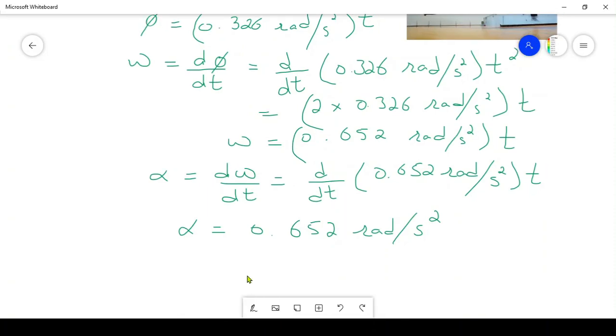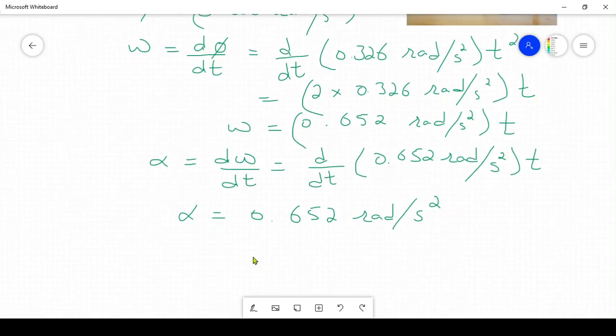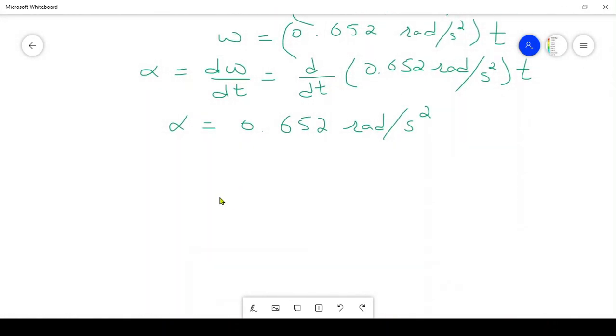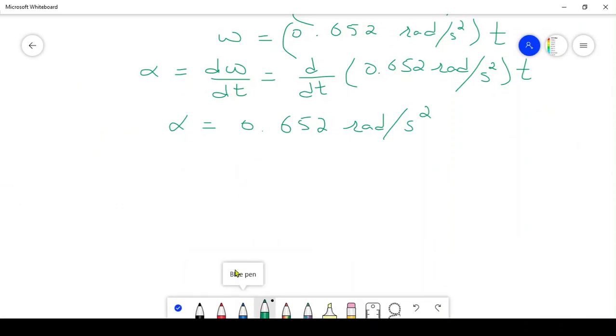Now in the first part of this problem, we are required to find the value of angular speed at time t is equal to 5.60 seconds. We plug in the value of time in the relation of omega, which we find to be 0.652 times t.